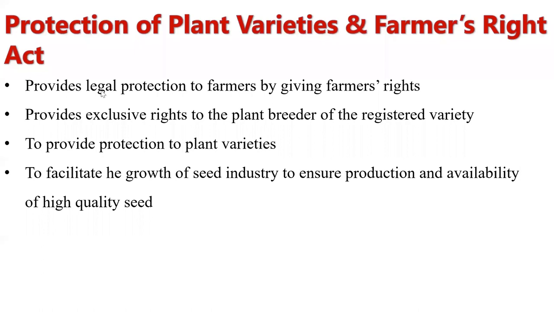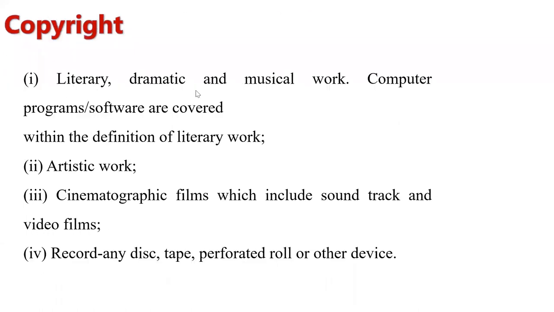Copyright takes care of literary, dramatic, and musical works; computer programs and software are covered. This also includes artistic works and cinematographic films, which include soundtracks or video films, and it also includes records, discs, and tapes. The important thing is that whatever the sound or anything we are talking about, it should be in a physical device.